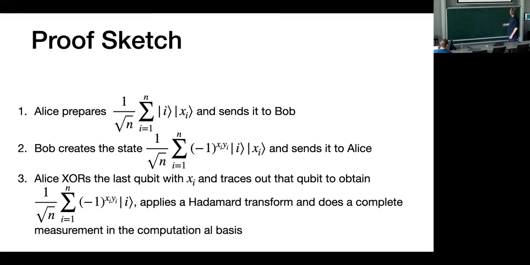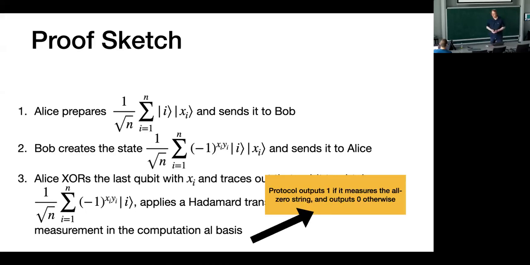Then Alice erases this xi, which she can do because it's her input, you can have oracle access to that. And then basically we have the state (-1) to the xi, yi, i, and we do a Hadamard transform and a complete measurement in the computational basis.